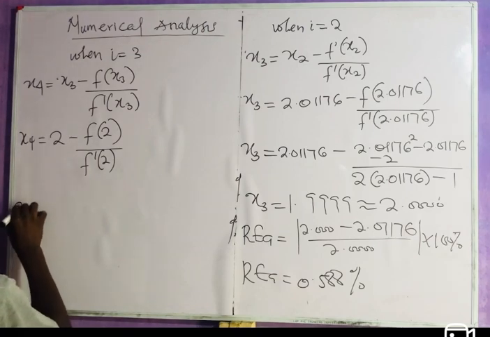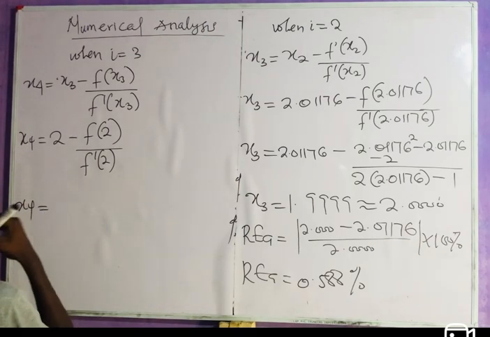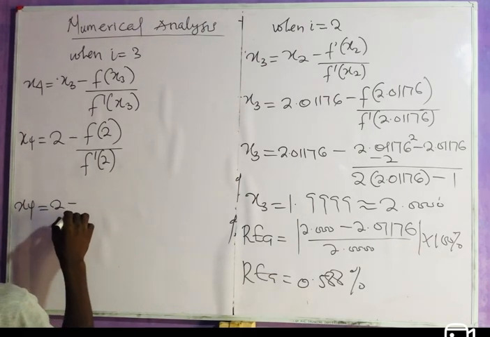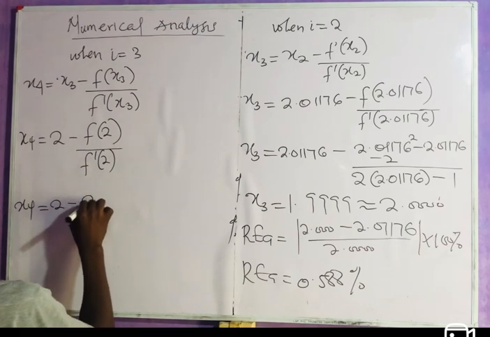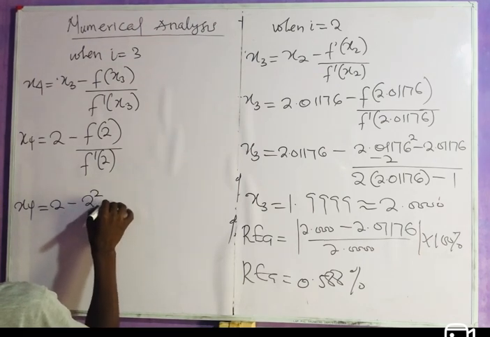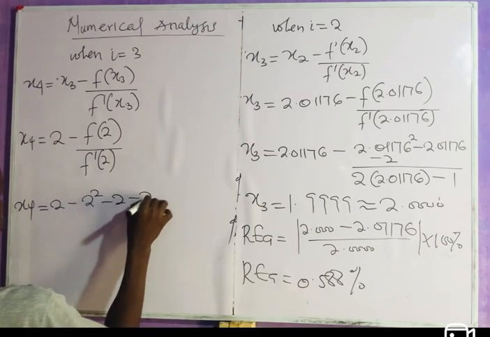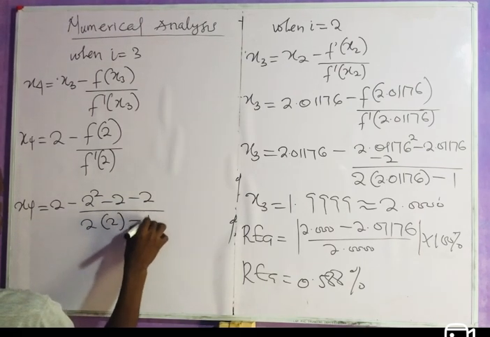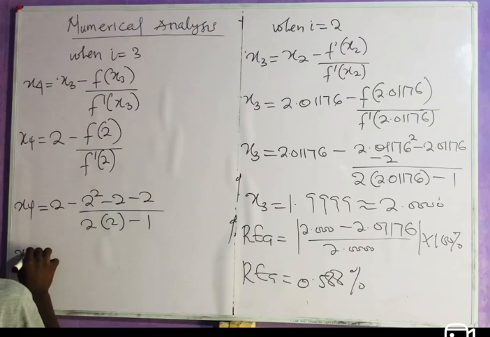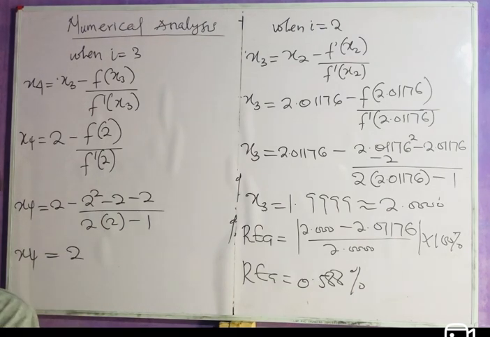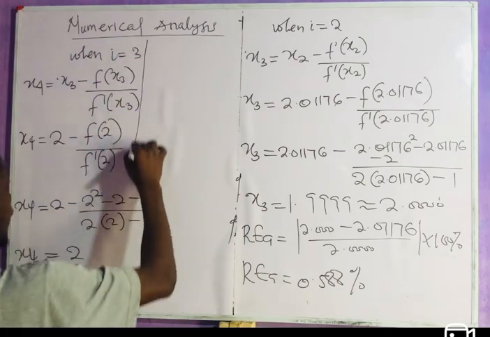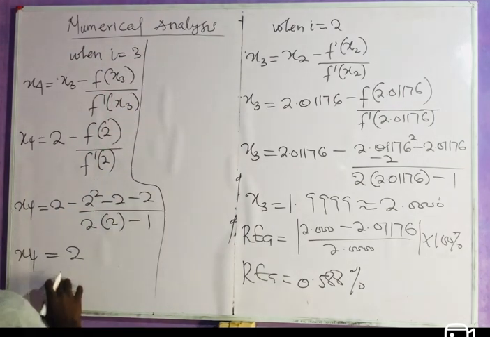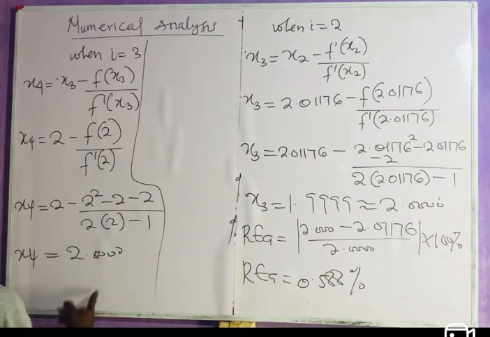So it means that x4 equals 2 minus 2 squared minus 2 minus 2 all divided by 2 multiplied by 2 minus 1. So our x4 will be 2.